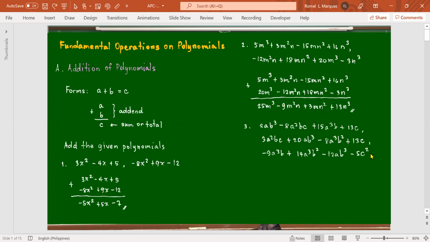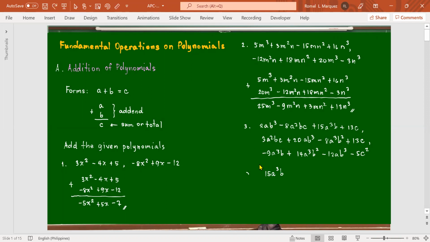Okay. We're going to add them. So we write them in vertical form, no? So let's start with the one with the highest power of a, no? 15a cubed b. So we start here, no?